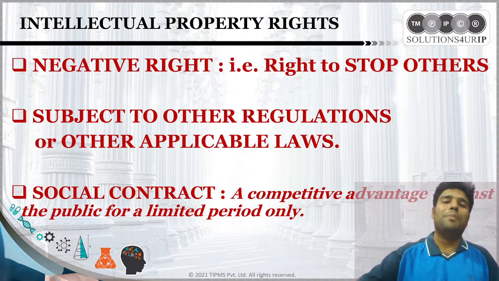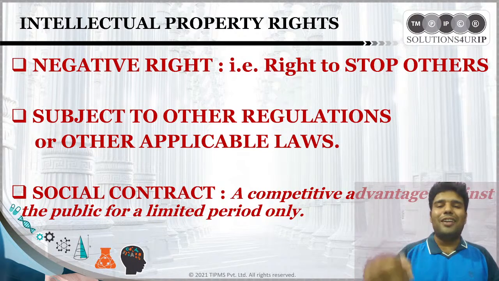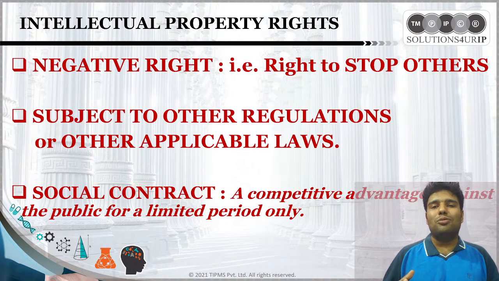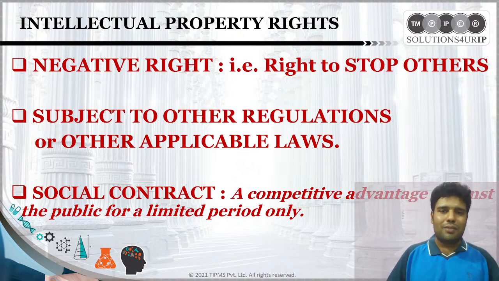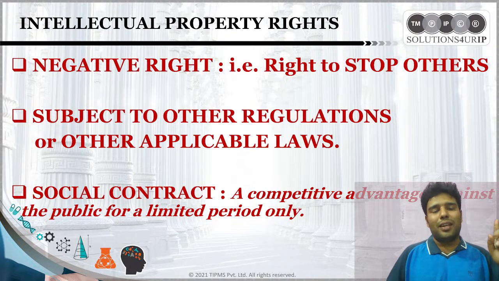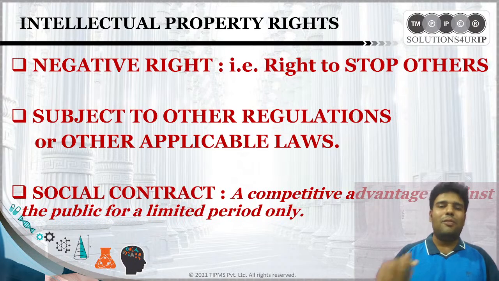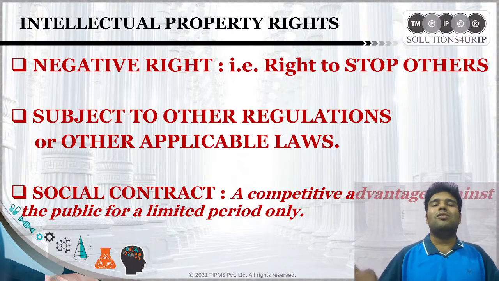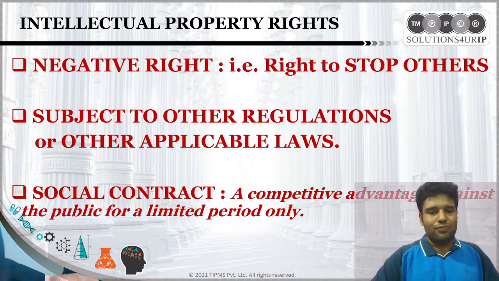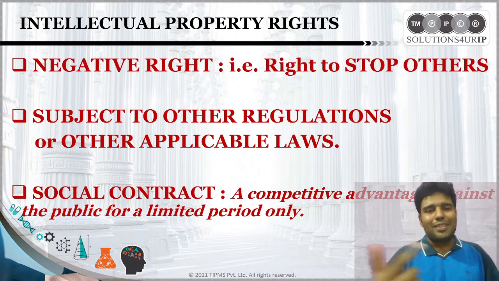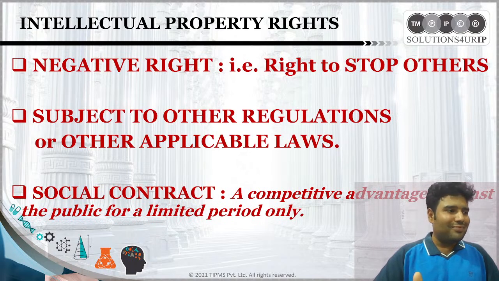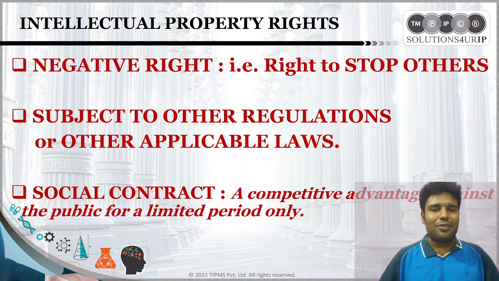As I was telling, a contract involves at least two persons. So if you are the person at the receiving end seeking an intellectual property right, who is going to give that intellectual property right to you?